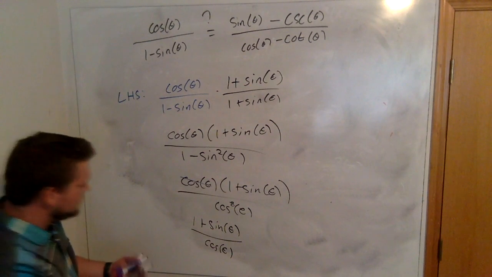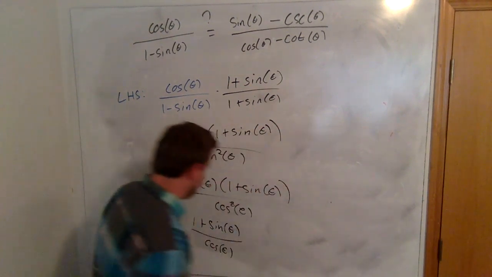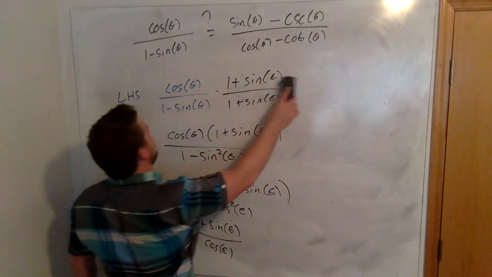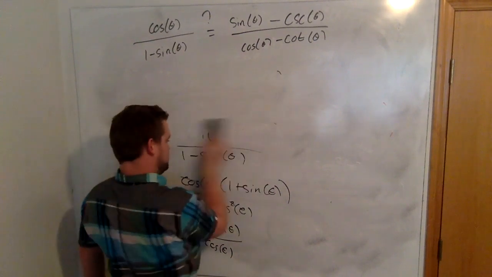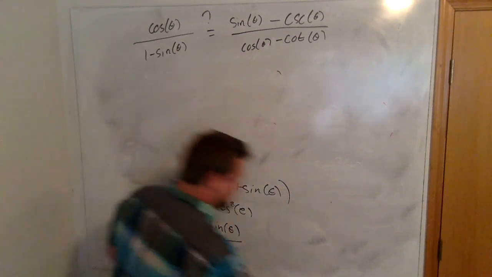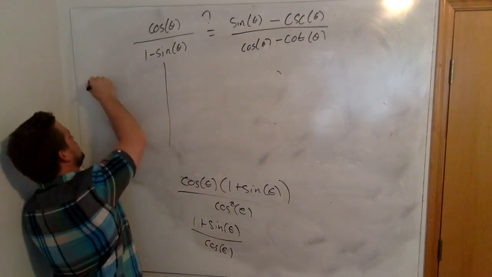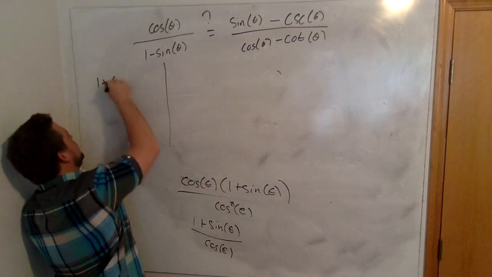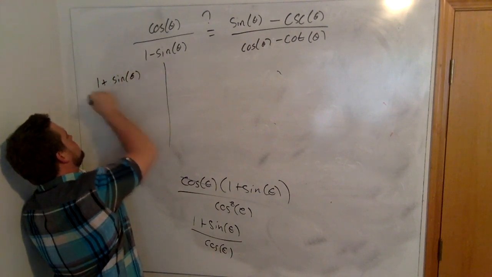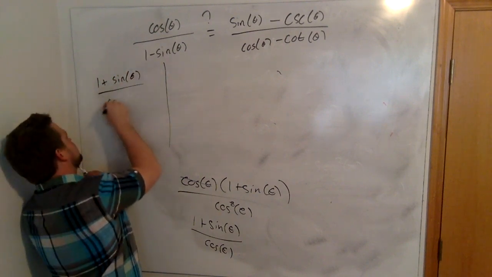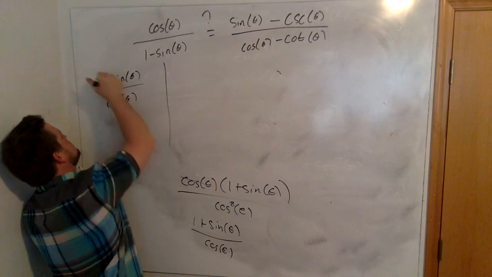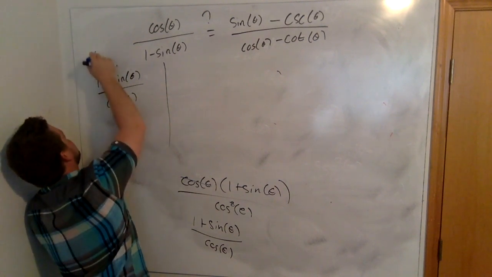I'm going to leave ourselves a little bit of room here, so I'm going to erase what we have here, keeping our work over here. The left-hand side is the same thing as 1 plus sine of theta all over cosine of theta. So this is still the left-hand side.